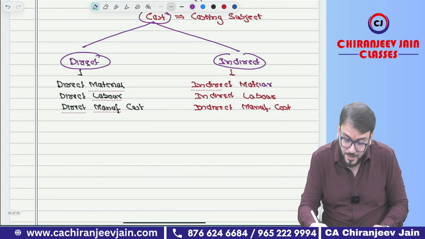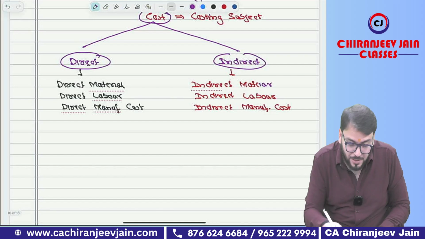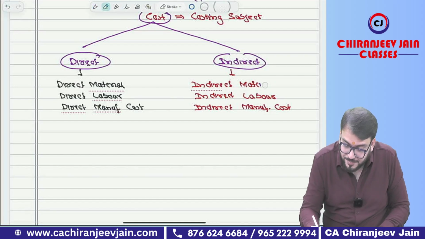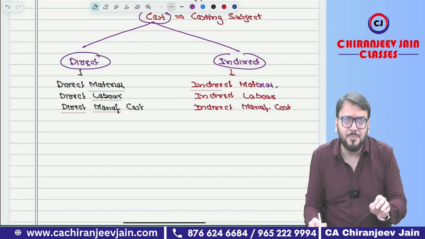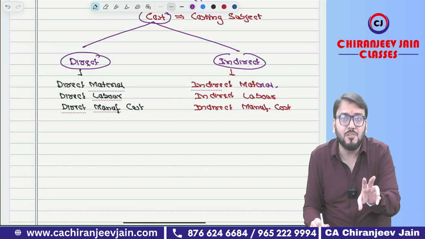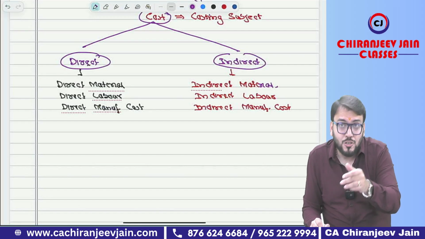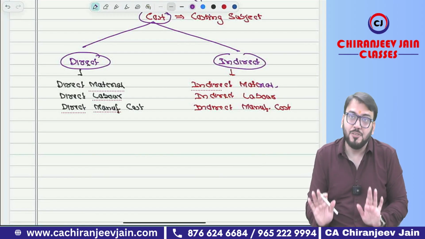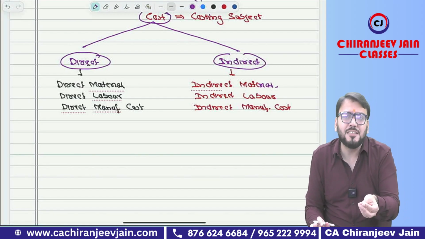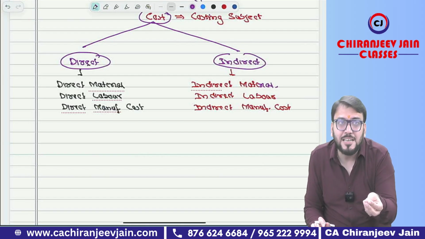Okay. Now, already I have given one example of direct material and indirect material. I have already said plastic for calculator, then packing material for primary packing is an example of indirect material. Now, let me give you one example of indirect labor and direct labor.